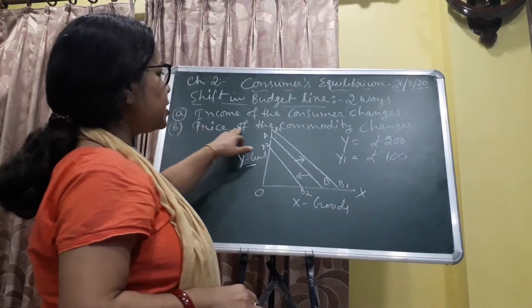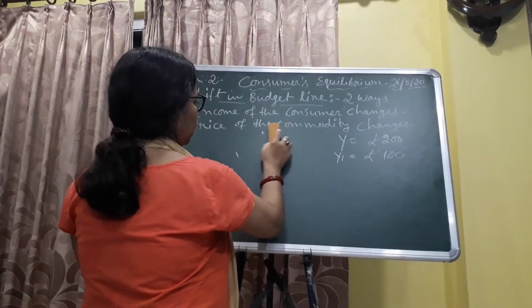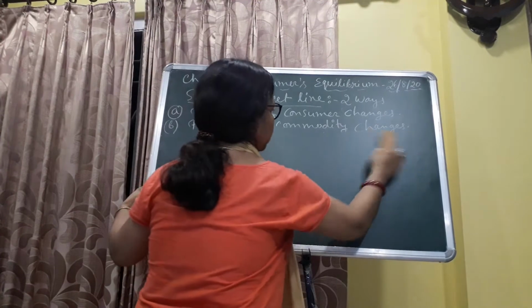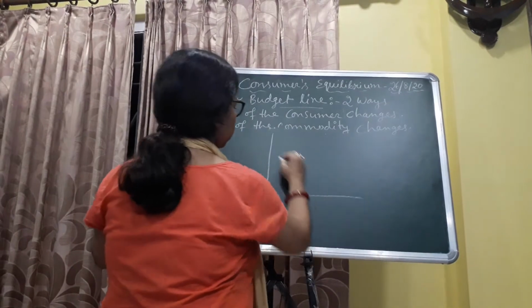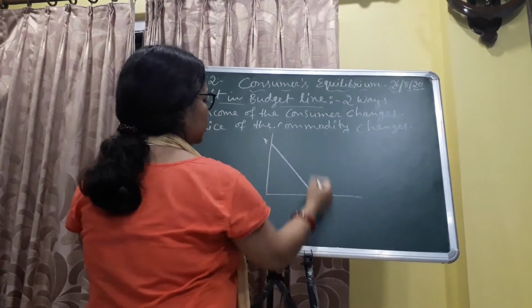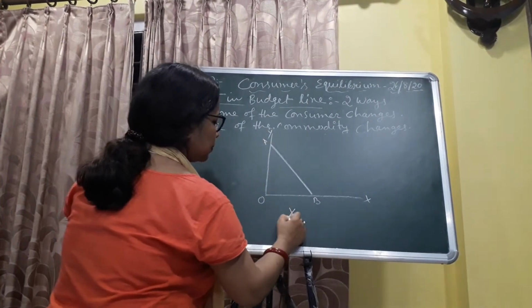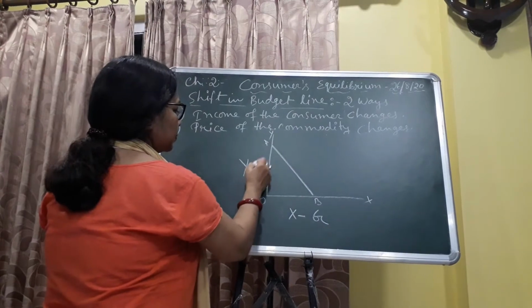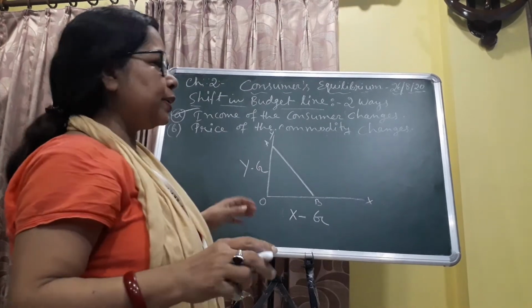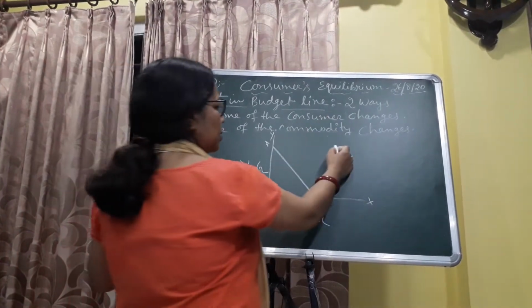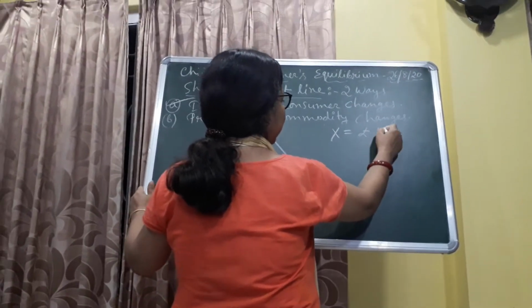And now next, the price of the commodity changes. Now we think that the price of X good is 10 rupees.